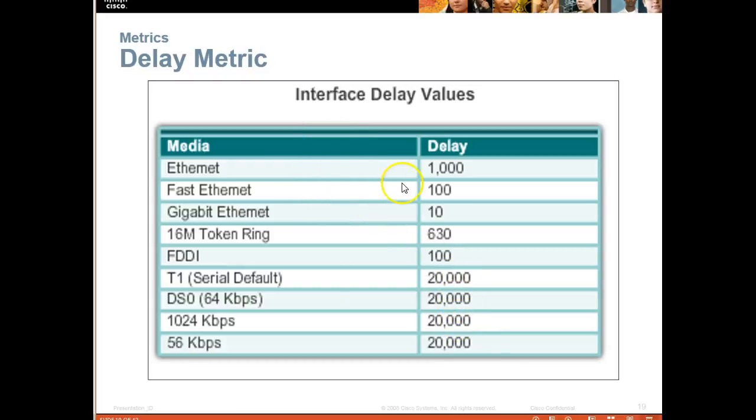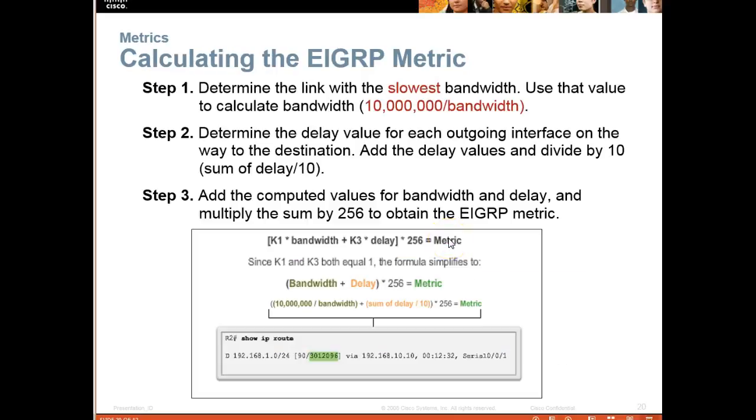So these numbers matter in the next formula, where the EIGRP metric is calculated. First you determine the link with the slowest bandwidth, and then you use that value to calculate the bandwidth, multiplied by 10 million. So you take the delay value for each outgoing interface on the way to the destination, add the delay values and divide by 10.